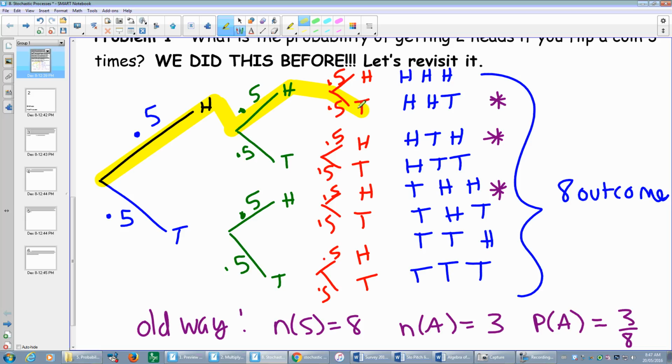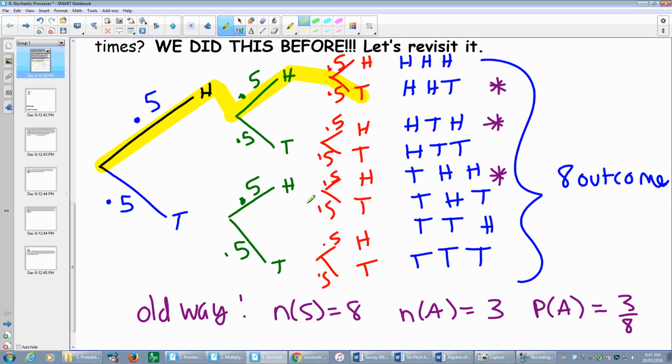In order for me to figure out that probability, the new way would be saying, okay, on my first branch, the probability of this happening is equal to 0.5 times 0.5 times 0.5.